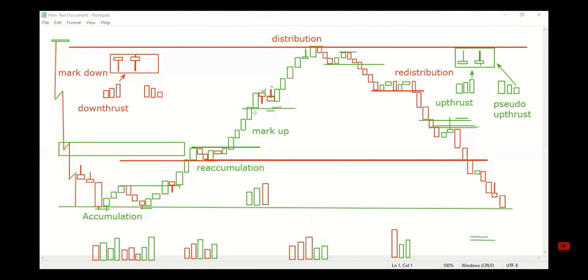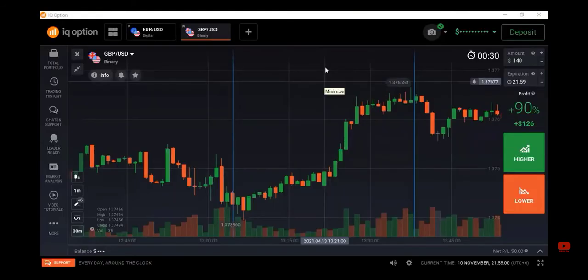Then you can place your trade by following this strategy. But if there is no volume bar, how can you apply this strategy? It's not possible.